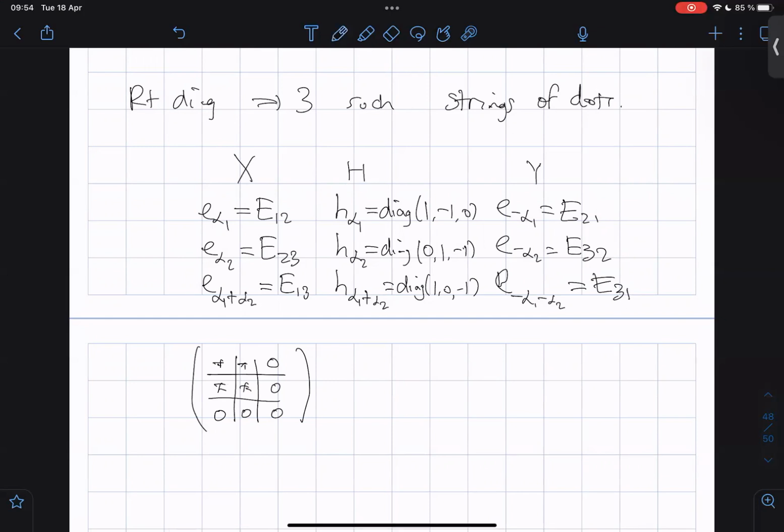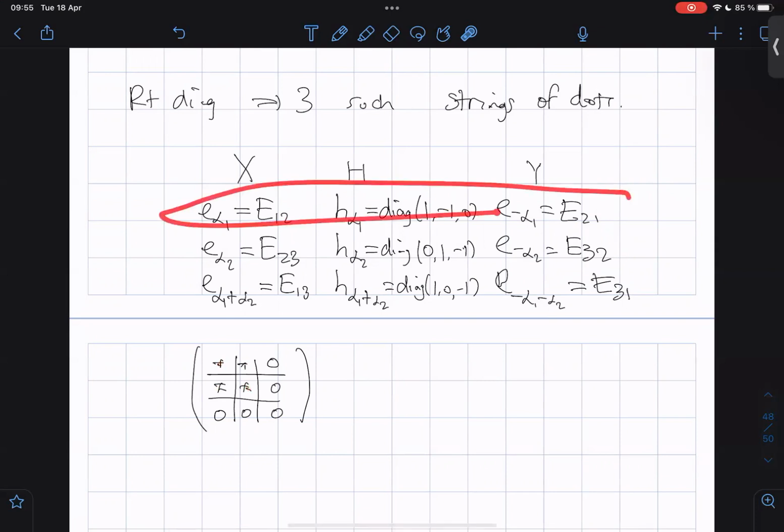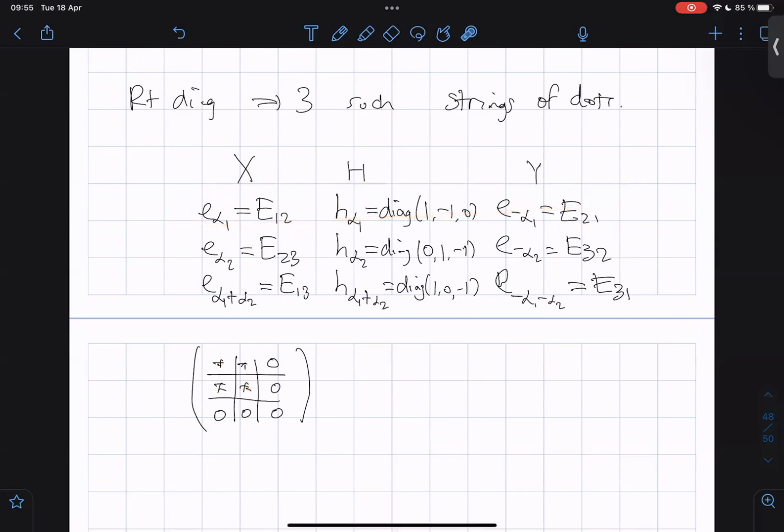You have E12, that's a 1 in this position, and zeros elsewhere. You have E21 over here, and then you have 1, -1, that's your H. For the second one, all the action is happening in this bottom 2x2 block, with zeros over here. So 3 distinct SL2s appearing.